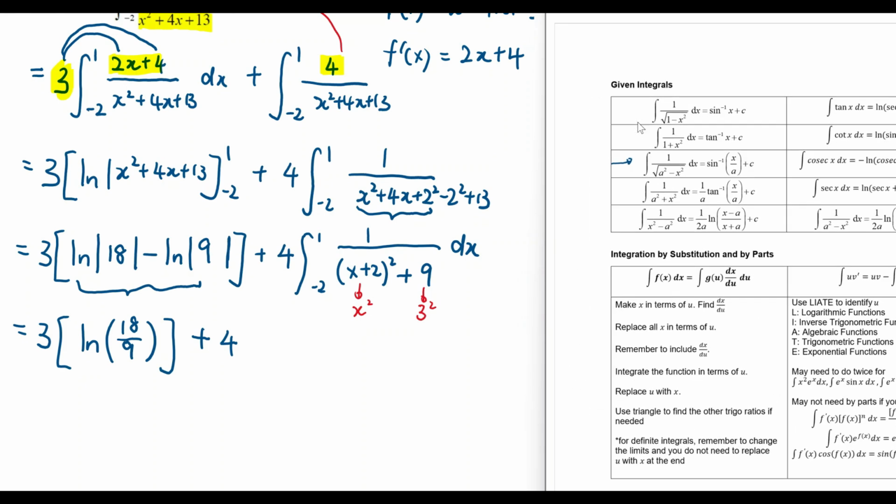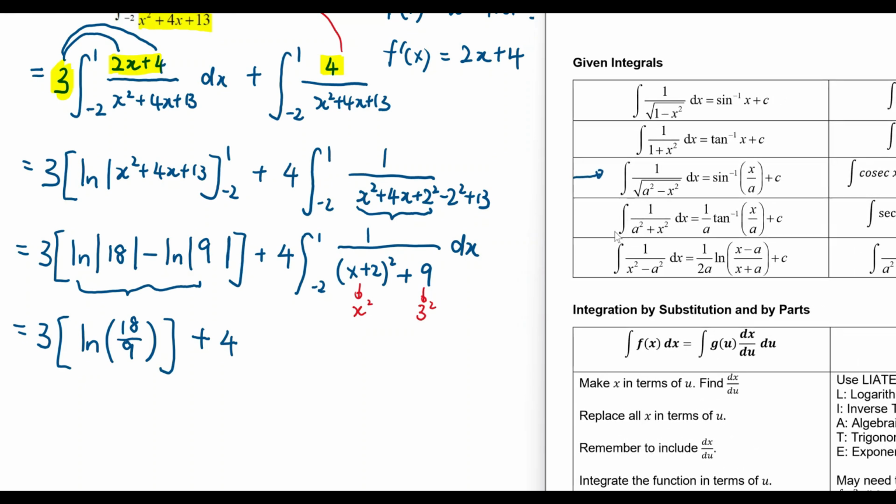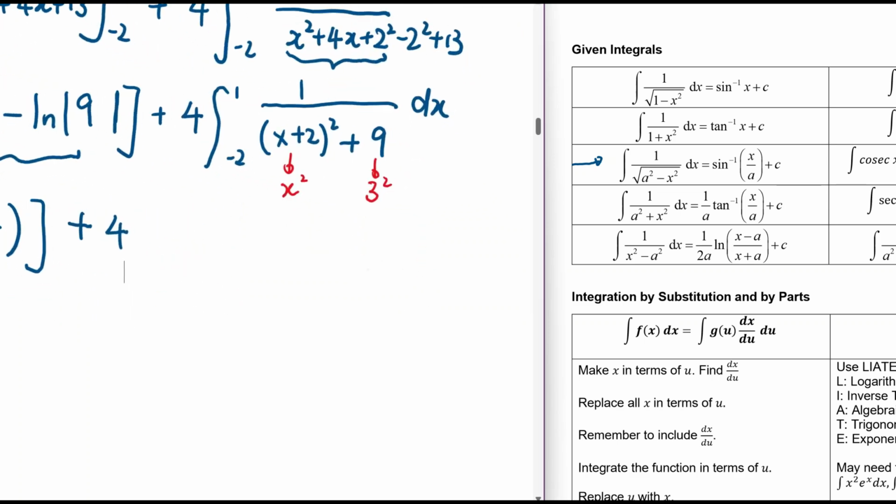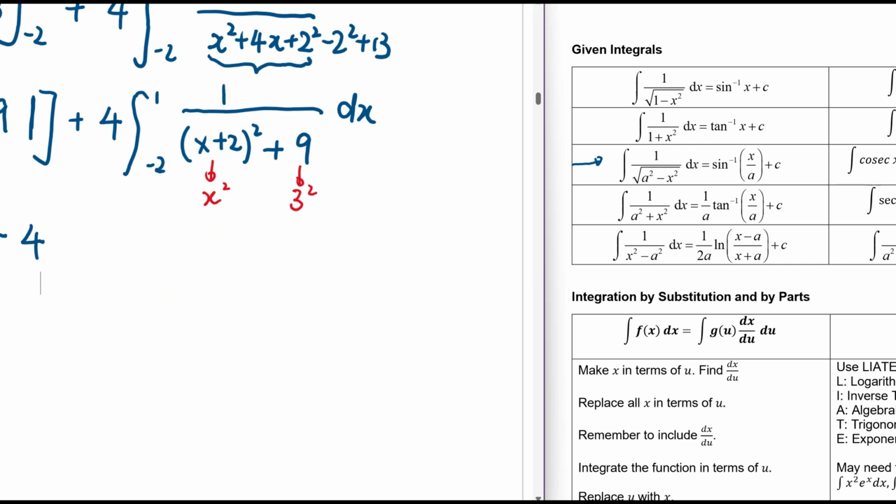The integral of 1 over x squared plus a squared form is this. Formulas are given to you. You have to know how to use it. So when I integrate something that is in the form of 1 over x squared plus a squared, I'll just look at the formula over here, which is the one that we are talking about.